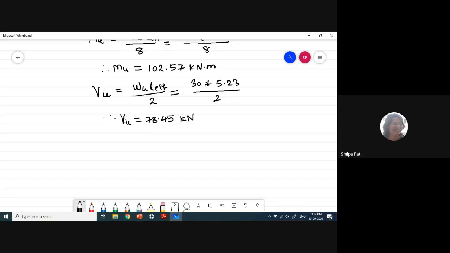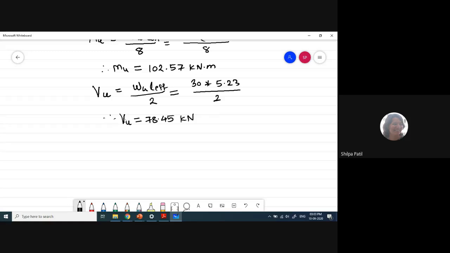So we have calculated the moment and shear force acting on the beam, for which now we have to design. For this moment value, we have to design the tension reinforcement, whereas for this shear force value, we have to design the shear reinforcement. Let us consider first the design for flexure, that is, we will calculate the area of steel for the main reinforcement, the tension side reinforcement.